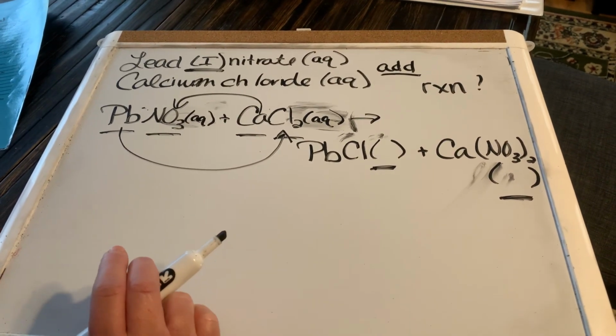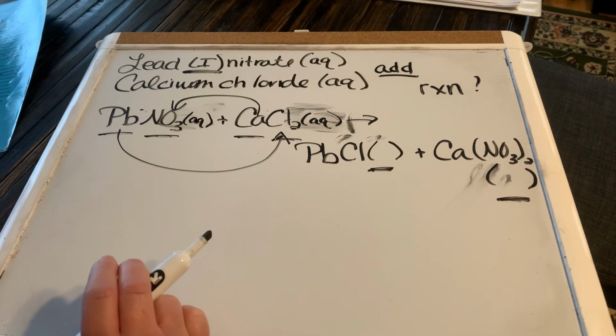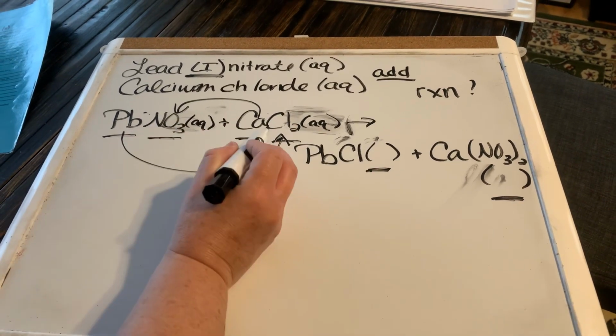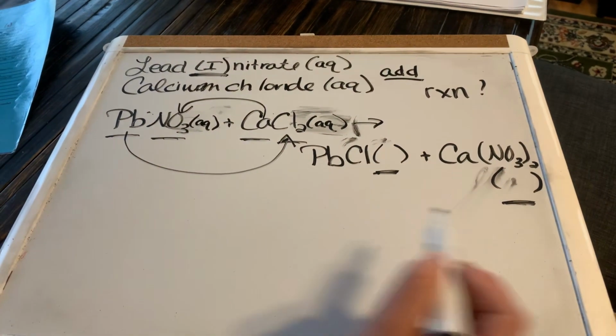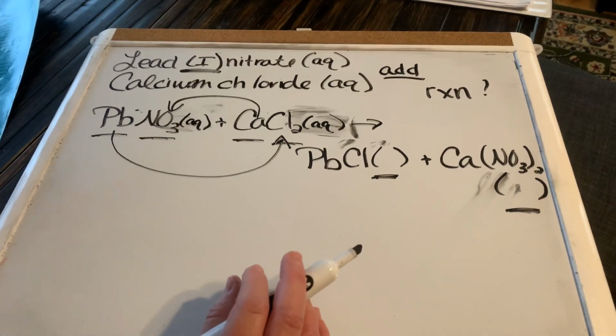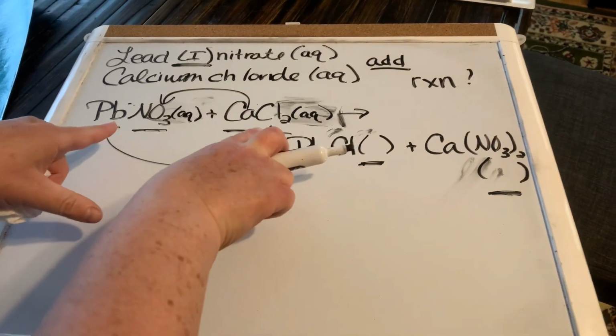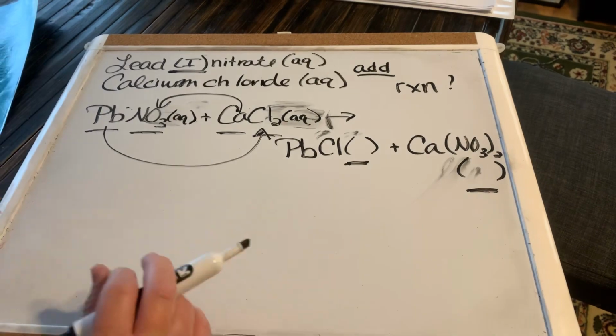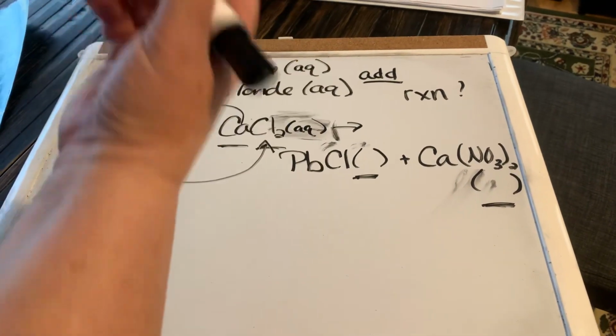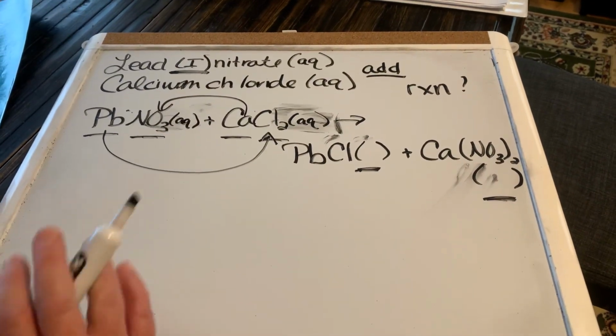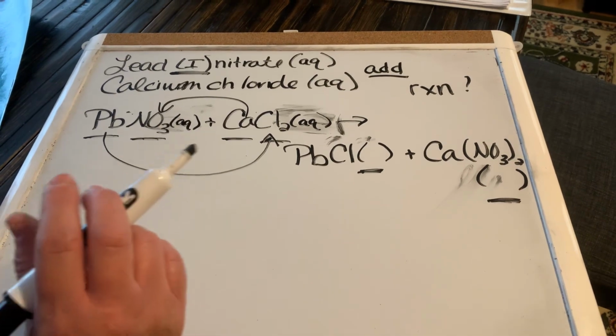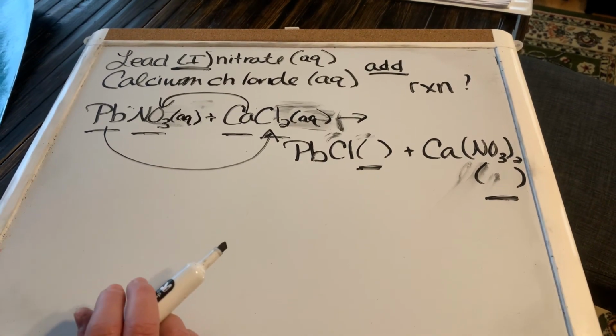Remember that a precipitate is a solid that falls out of a liquid. So when you put these two clear liquids together, you'll see a solid come out of the bottom. In your test tube, all of a sudden there's a green solid at the bottom, let's say. That's a reaction. So let's see if we have one.